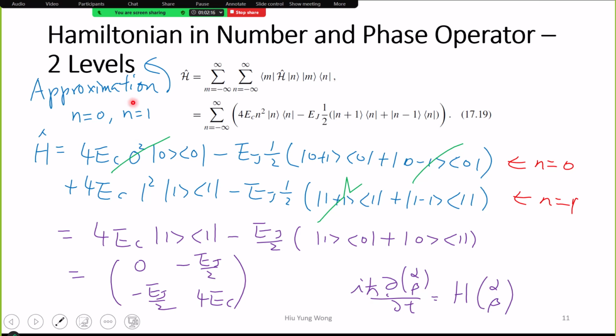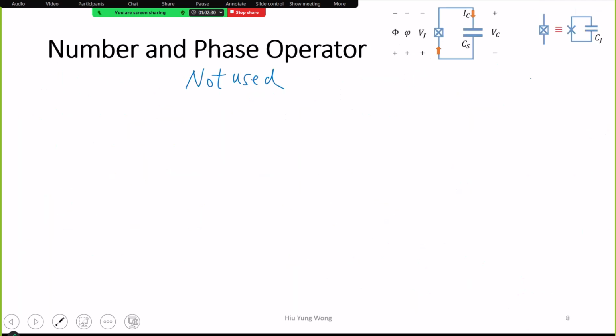Now, if this one works well, what is the meaning of this qubit? This qubit can have n equal to 0 level or n equal to 1 level. What does it mean? If you look at this circuit, I have 0 or 1 extra Cooper pair. Or you can say I have 0 or 1 Cooper pair tunneling through this Josephson junction into this island. Just like I have a room, I have 1 or no extra student in our class.